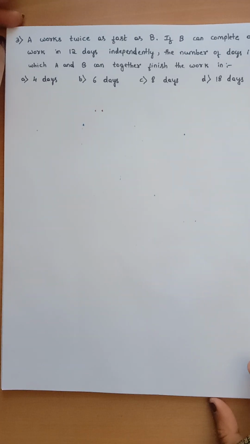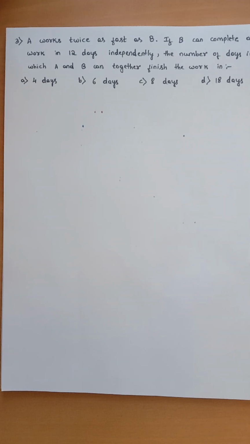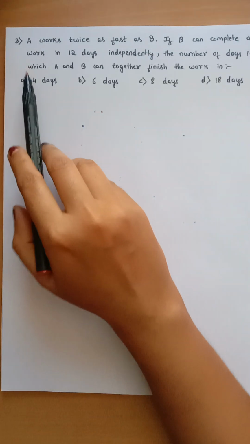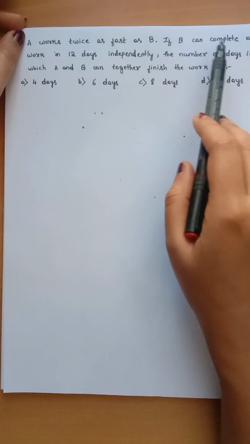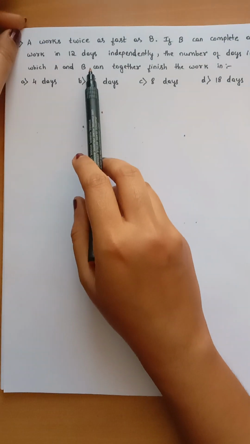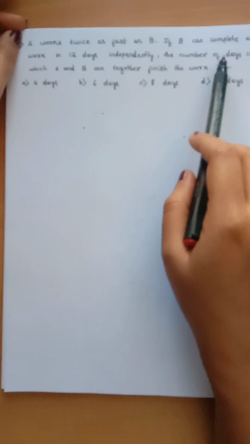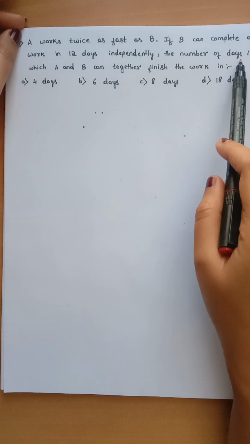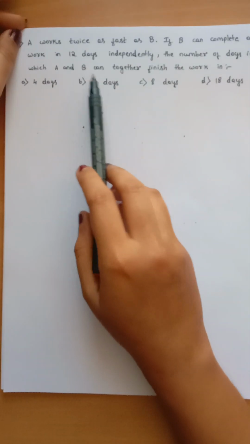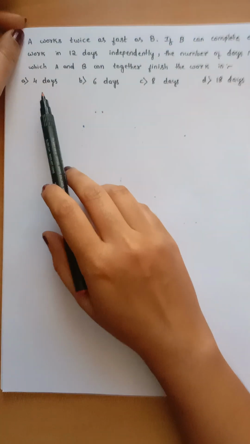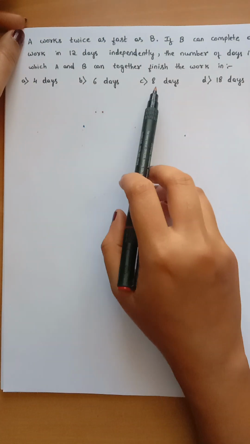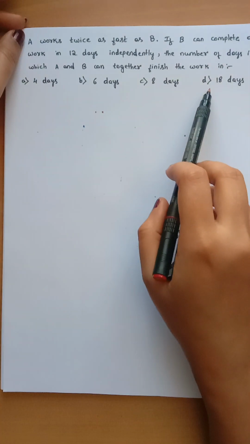Let's see the last example of this video. A works twice as fast as B. If B can complete a work in 12 days independently, find the number of days in which A and B can together finish the work. Option A 4 days, option B 6 days, option C 8 days, option D 18 days.